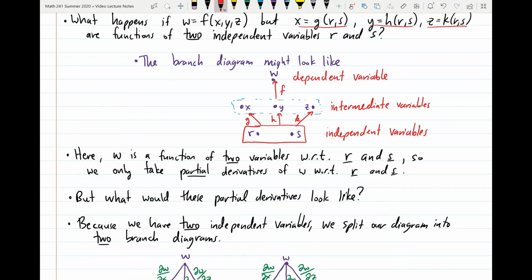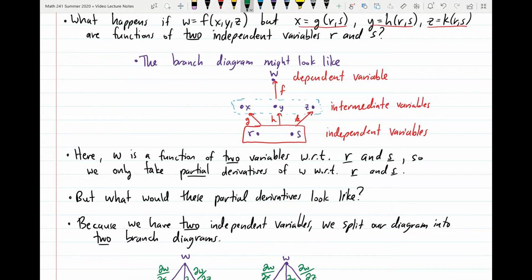But if we try and draw derivatives between each of the points here in our branch diagram, what are we supposed to do when we get down to the intermediate variables going to the independent variables?